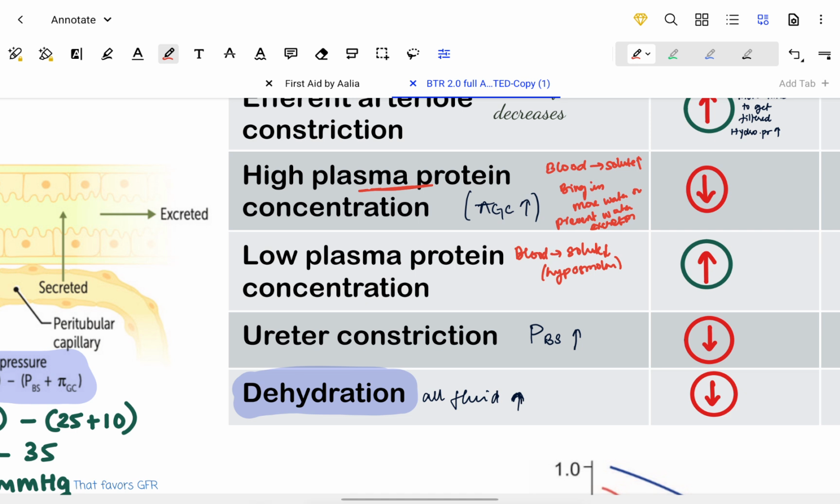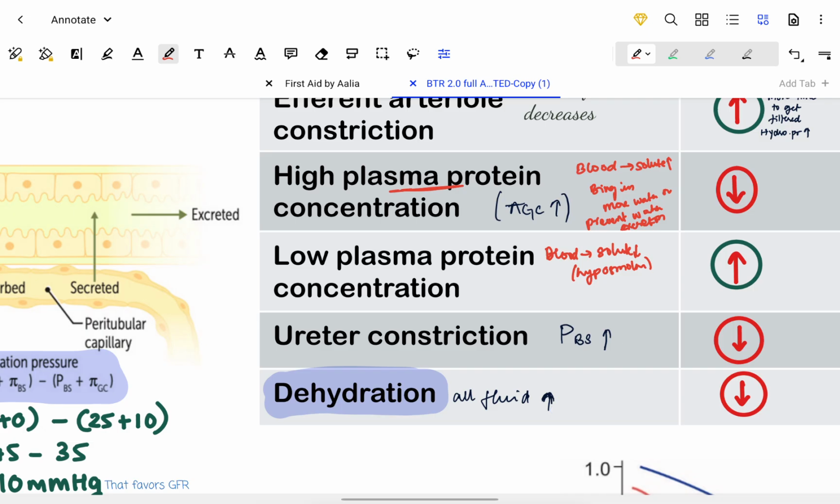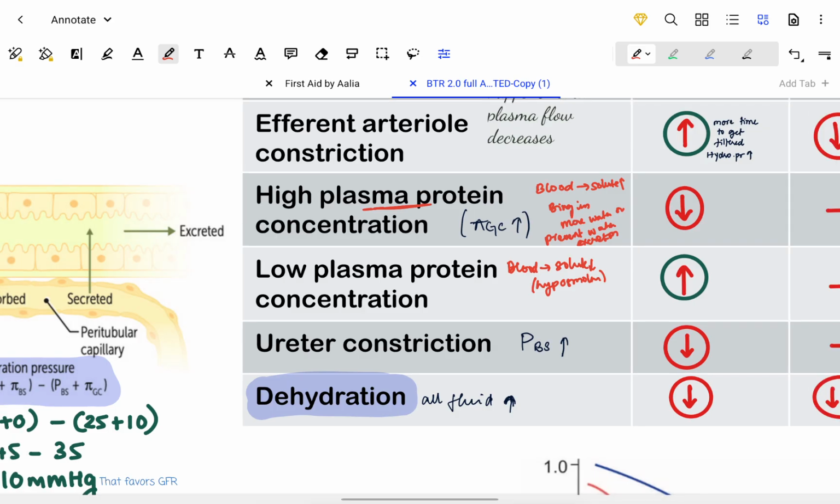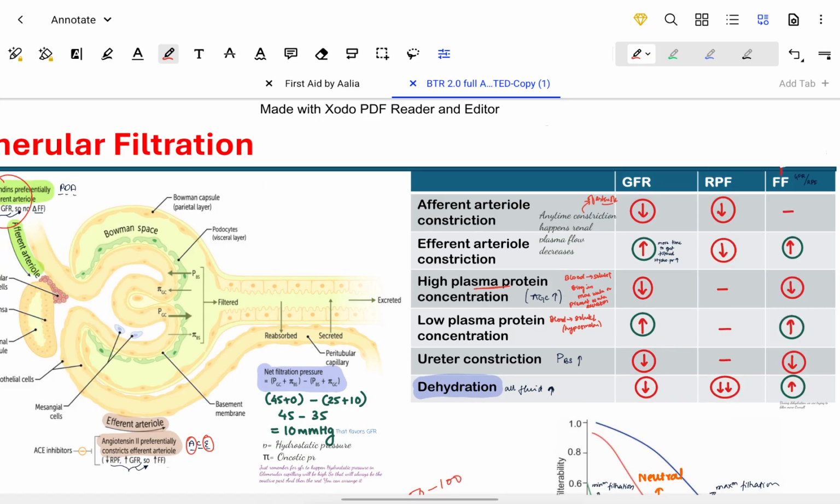So the hydrostatic pressure in the Bowman space will increase, it will get transferred, so the GFR will decrease because the pressure is already too much, so you don't want more fluid to come in and increase the pressure, you want to decrease it, so you will decrease the GFR. Again, the renal plasma flow doesn't change because it doesn't matter, it's very low down. Renal plasma flow is up to the afferent arteriole and efferent arteriole. So again, filtration fraction will decrease.